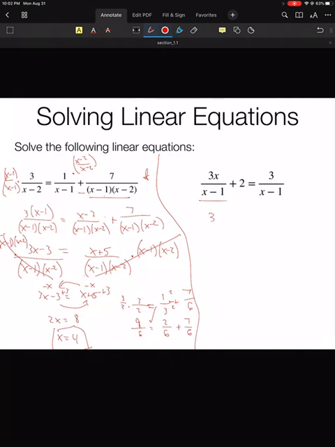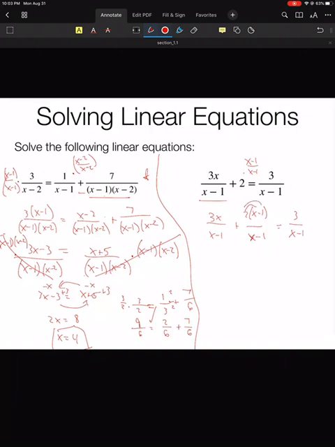So I have 3x over x minus 1. And then I just need to multiply 2 by x minus 1 over x minus 1 to get me 2 times the quantity x minus 1 over x minus 1 equals 3 over x minus 1.